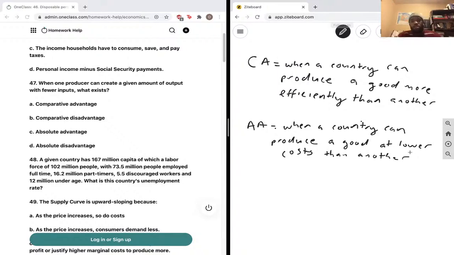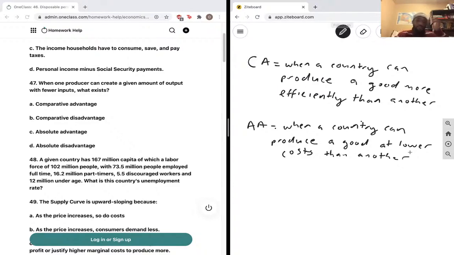So basically, the difference here is just because a country could produce a good at lower cost than another doesn't mean they have a comparative advantage. They have an absolute advantage, but it just means that maybe the country is more developed. They might be a first world country, whereas the other country being compared to them is a third world country.